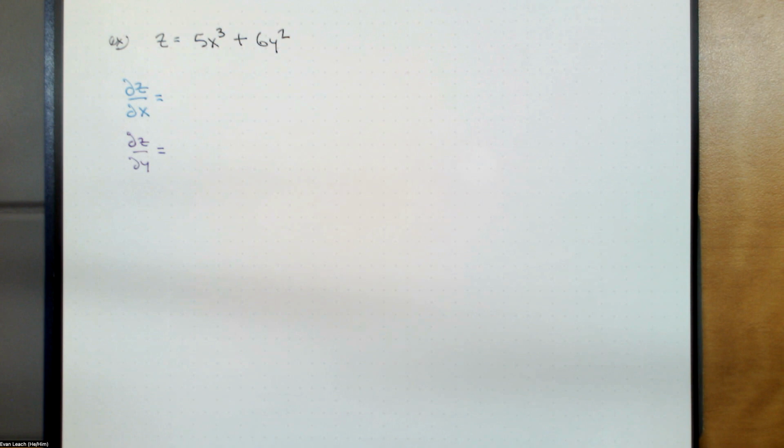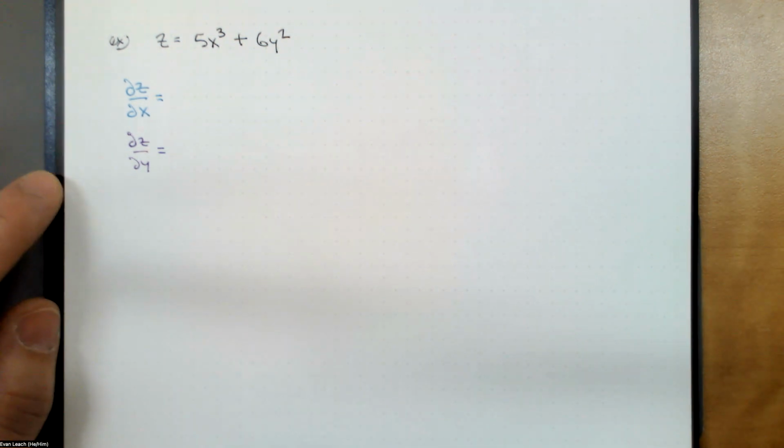How is 6y squared included? It's like a c. It's a constant term. What is the derivative of a constant term? Absolutely nothing. I like that. It's very dismissive. Absolutely nothing.